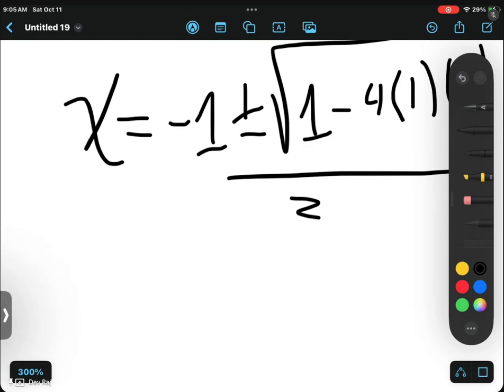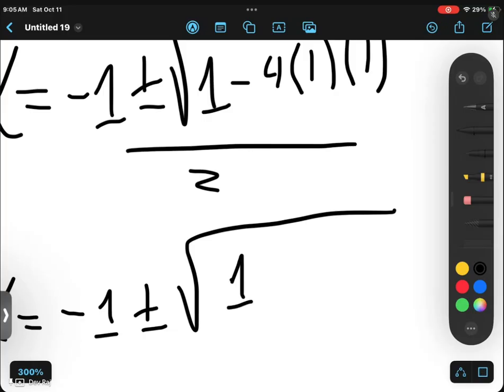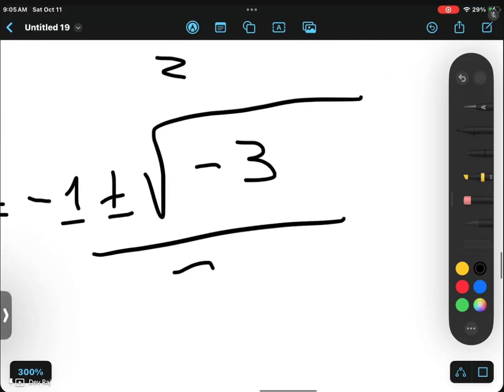So x equals negative 1 plus or minus the square root of 1 minus 4, which is negative 3, over 2, right?